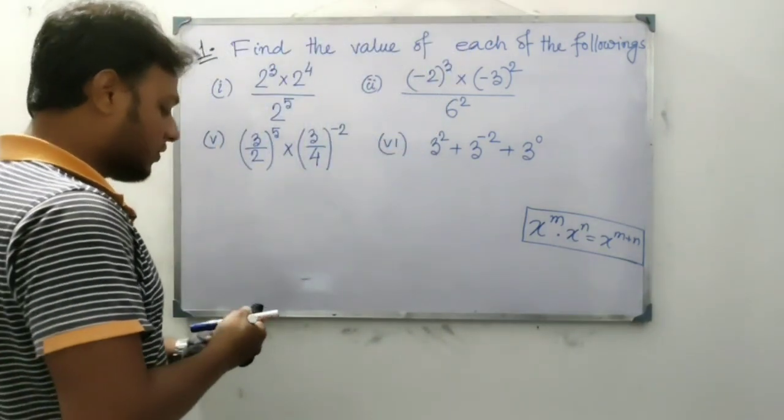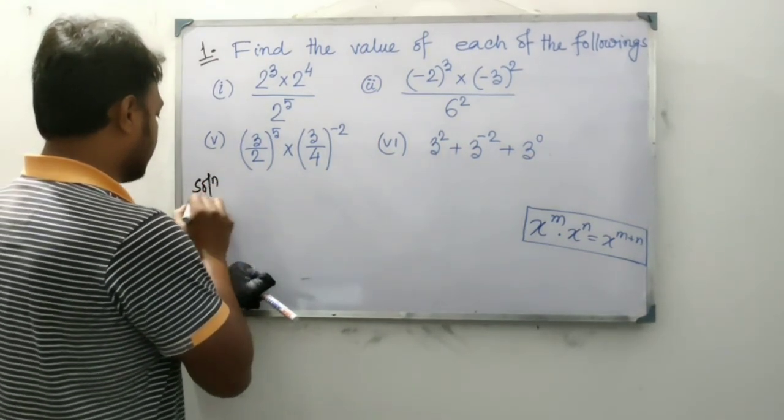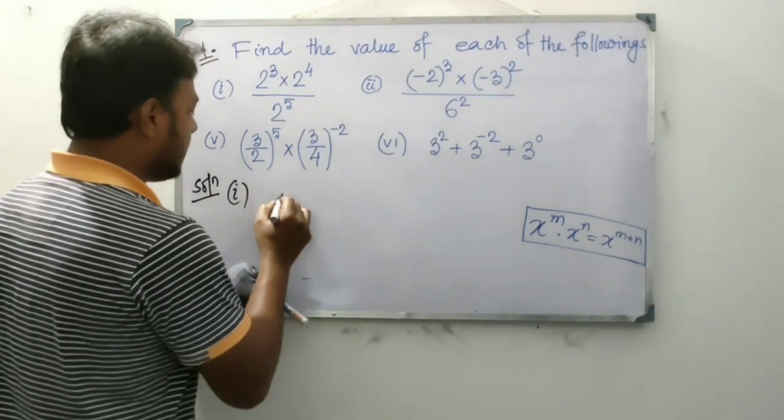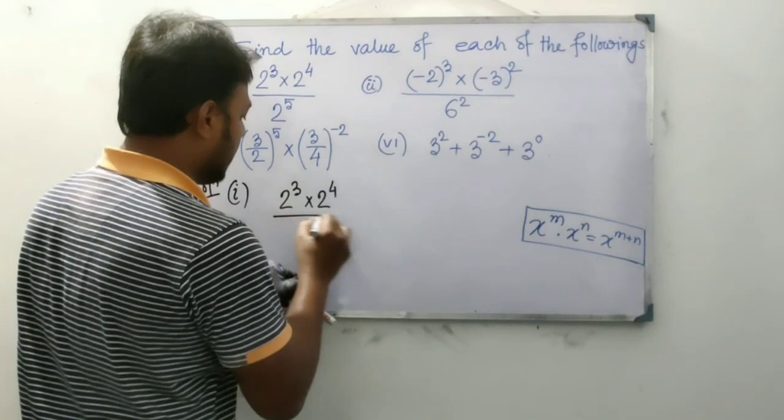Next, see the first one. I am solving the first problem: 2 cube into 2 to the power 4 by 2 to the power 5.